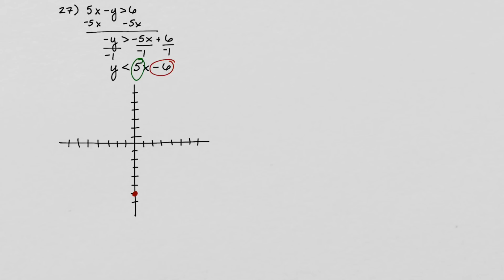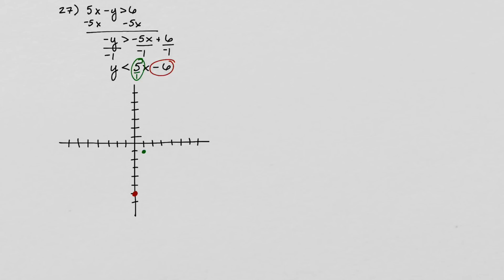Remember, my slope here is 5, and I can think of it as 5 over 1. So from this point here, I'm going to go up 1, 2, 3, 4, 5, and over 1. So up 5 and over 1. Oops, forgot to change the pen. And then I'm going to make a line.